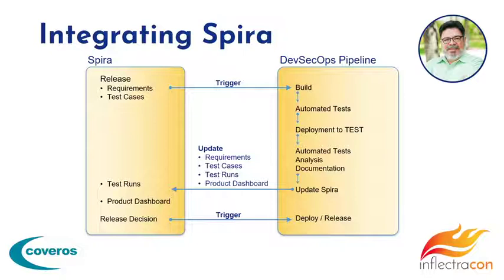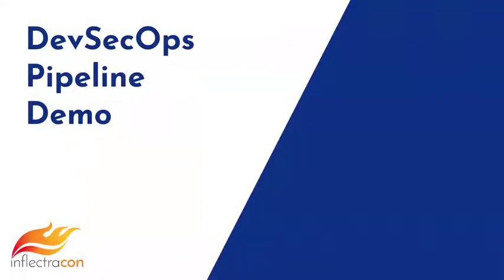This triggers an update on the Spira dashboards. Users and managers can then assess the state of the release and make release decisions using the Spira dashboards. The pipeline can later on be used to deploy to the next higher environment or to post the product for customers. And now we go and see our demo.